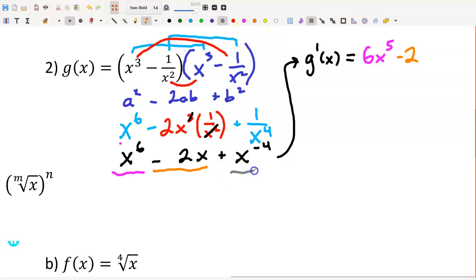And derivative of x to the negative 4, so minus 4x to the negative 5. And then one more step just to simplify the negative exponent. Rewrite it one more time as a positive exponent. Minus 4 over x to the 5.